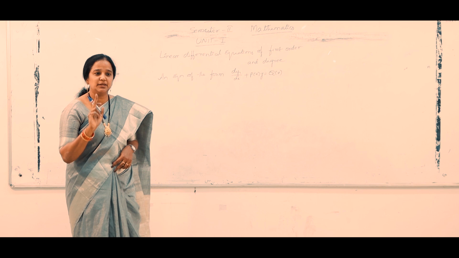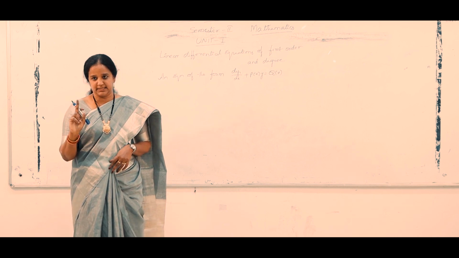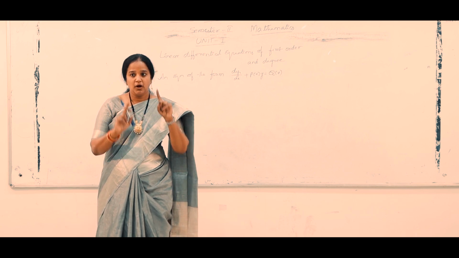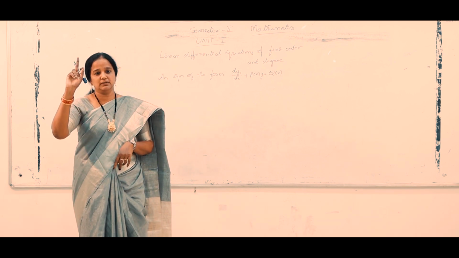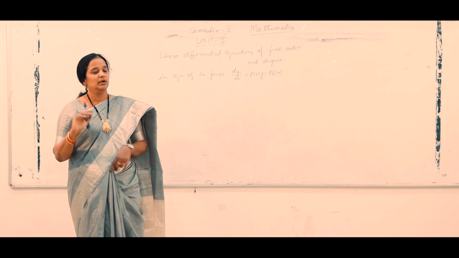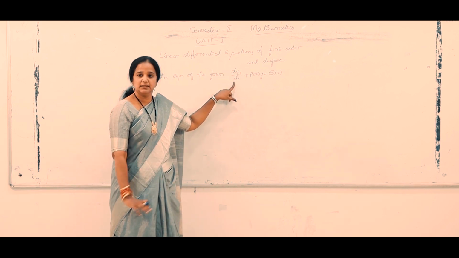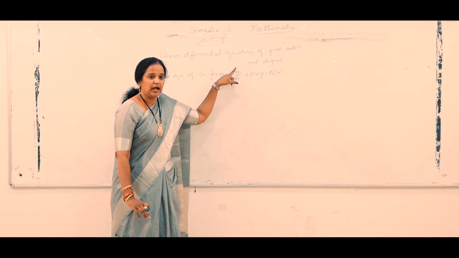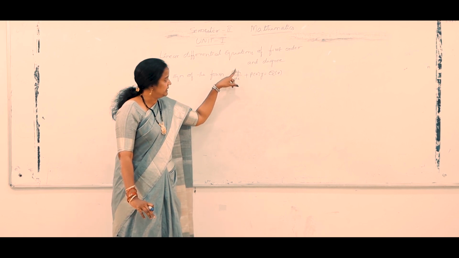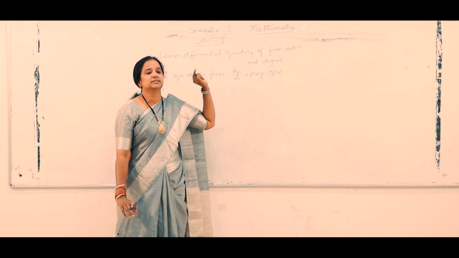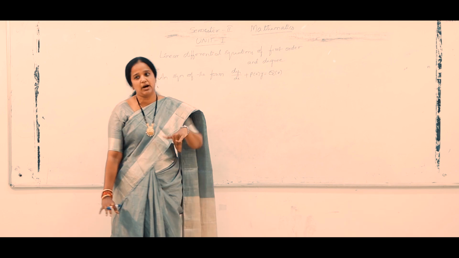First order and first degree means only dy by dx. dy by dx is the first derivative, so it is first order. What is its power? 1. That is the degree of the equation. So this is first order and first degree. This is the linear differential equation of the form dy by dx plus p of x into y is equal to q of x.